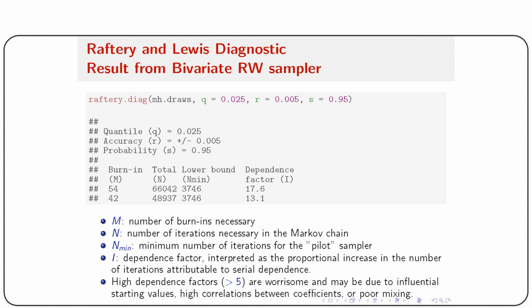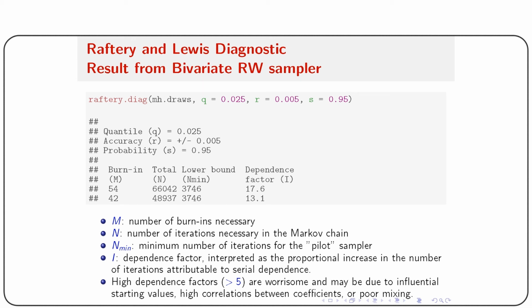The quantile Q is 0.025, accuracy is plus or minus 0.005, and the probability equals 0.95. Then here is the required N, the lower bound minimum N, and the dependence factor is 20.4.